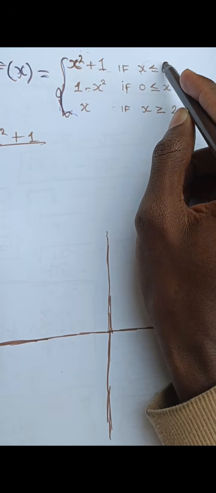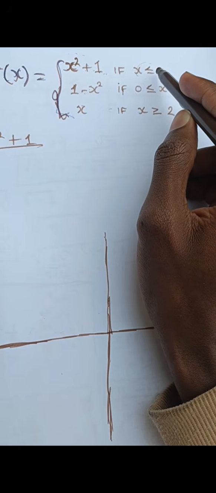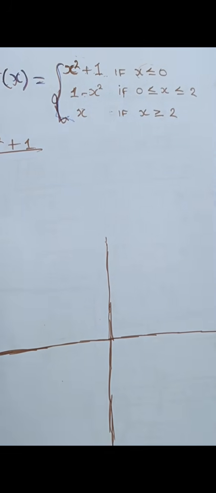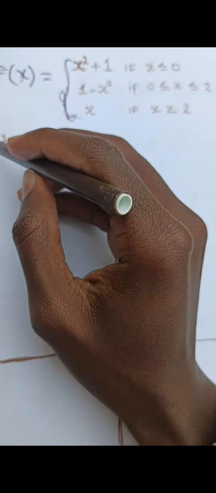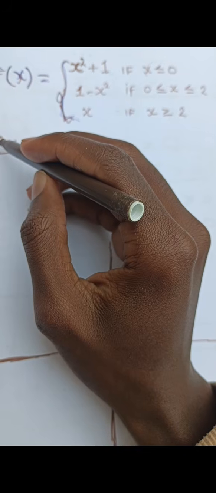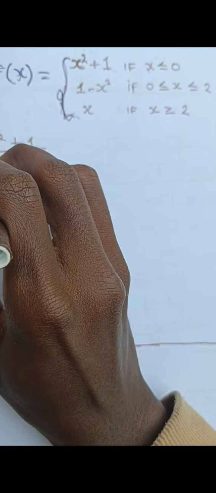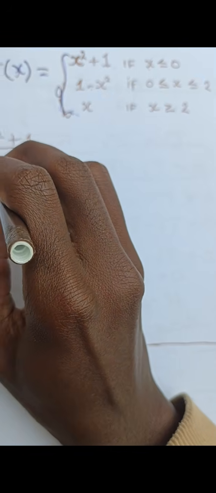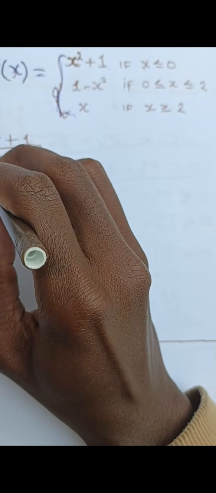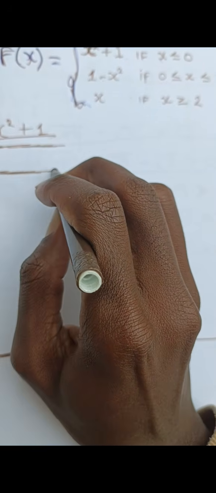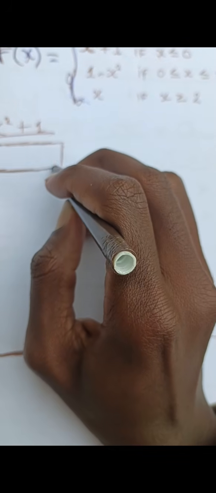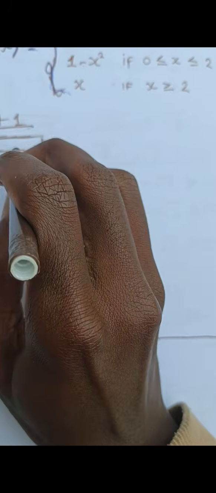Now this condition is very important because it will help you to know the values of x that are involved, and also it will help you to know whether to shade the bubble or not to shade the bubble when you start graphing. That circle which we indicate when you're graphing. I'll show you what the bubble is.